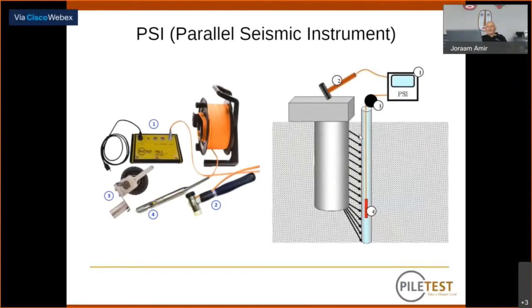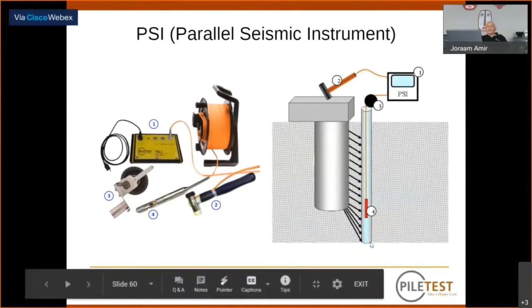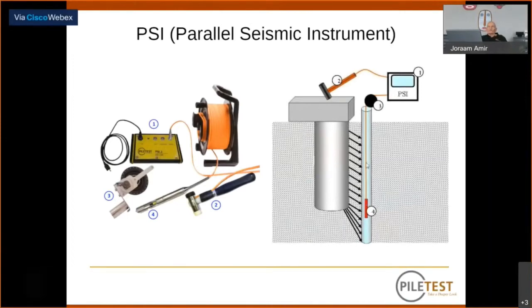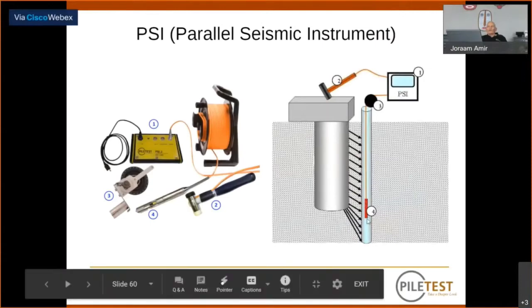From it, they are deviated into the ground and to the access tube, which is filled with water. This is the hydrophone, which is sensitive to changes in water pressure. And the computer monitors the depths from the depth meter, together with the waves which are recorded by the hydrophone.